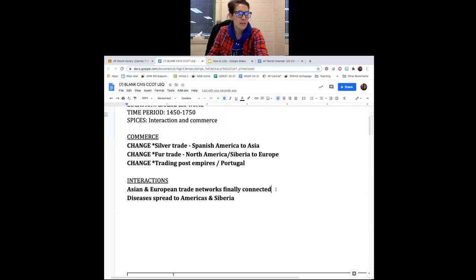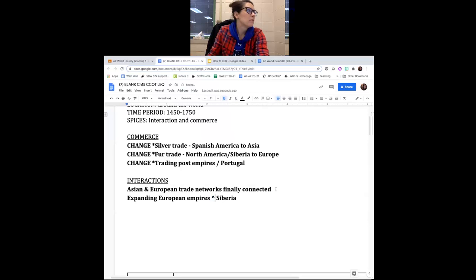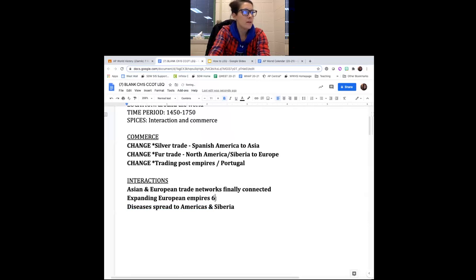Trade networks finally connected. You guys also added in here, we have expanding empires, specifically European. Oh, I'll make that a new one, because otherwise that line's really wrong. Expanding European empires, kind of going with the piece here. Trading post empires.